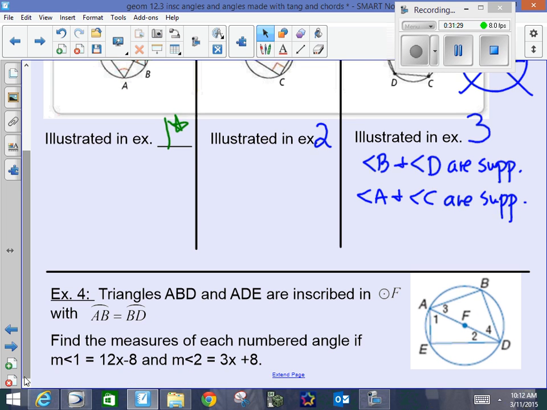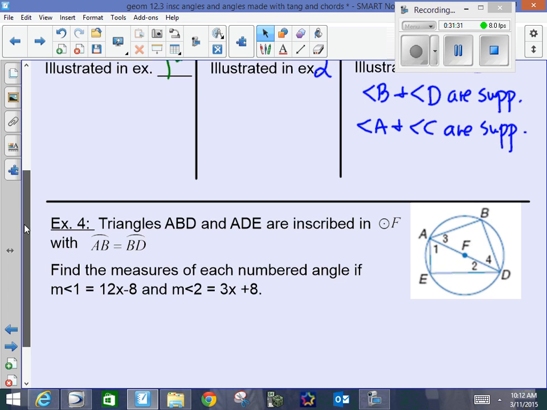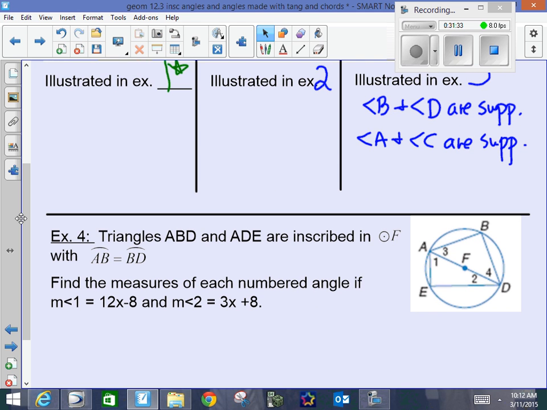All right, so let's see if we can use a corollary on this last problem, example 4. Triangles ABD and ADE are inscribed in circle F. Basically, they told you they're inscribed. If they look inscribed, you can assume they're inscribed. That's not something they're always going to tell you, but it's okay to assume that.